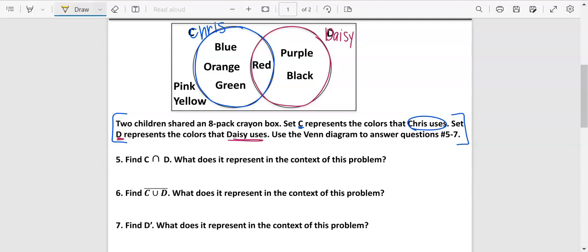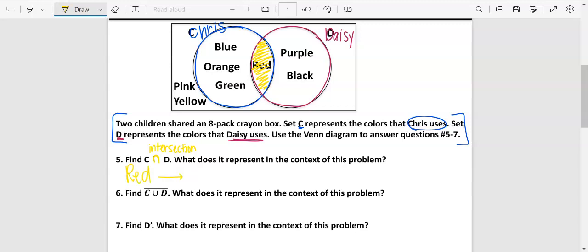For instance, number 5, we have C intersection D. Our intersection is what is in the middle, where they overlap. As you can see, what's in the middle is red. So our intersection is just the color red.